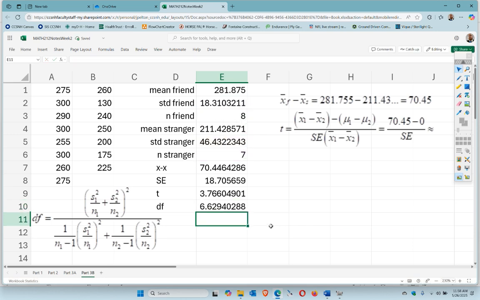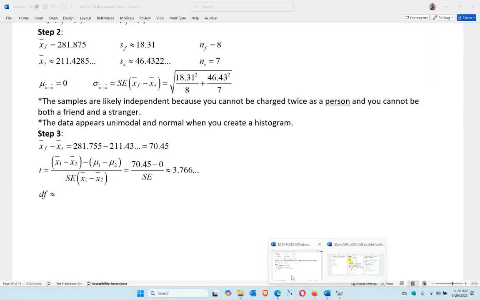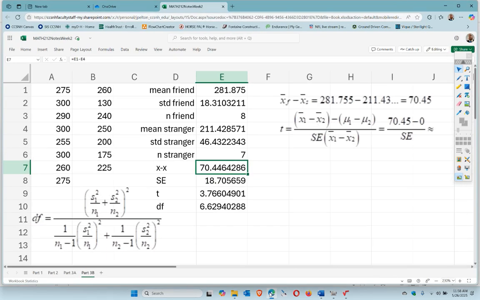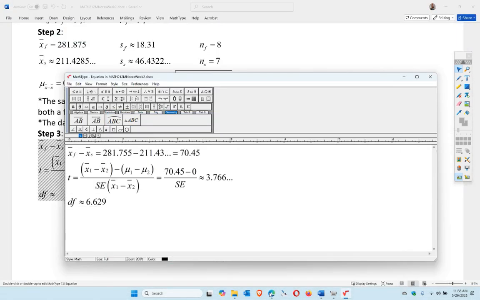Okay, I like it. All right, so there's our goodies right there that we need. All right, so we got for an answer for degrees of freedom, what? 6.6? So, 6.6 something, right? 29, da da da da.